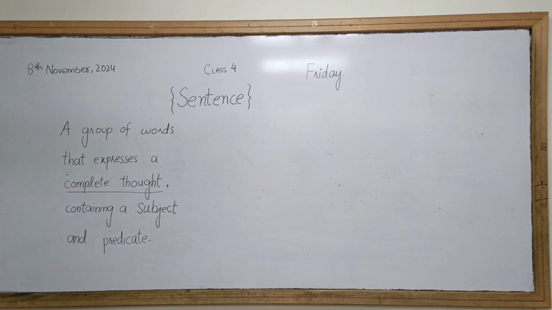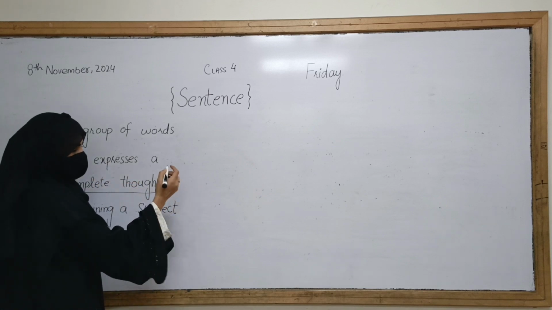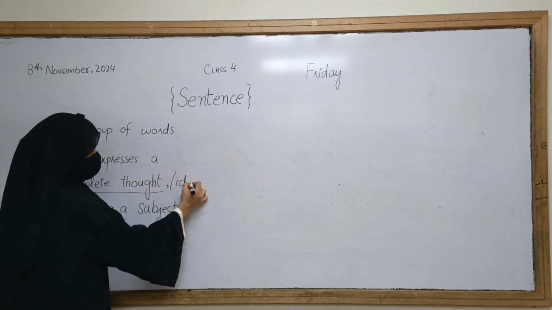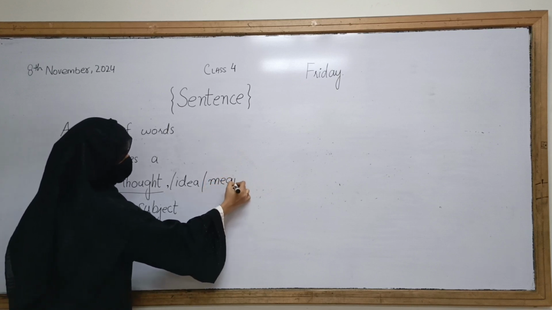Means every single sentence that you speak, every kind of discussion, is giving you a complete meaning, a complete thought, a complete idea. You can say with thought we can have idea, we can have meaning.